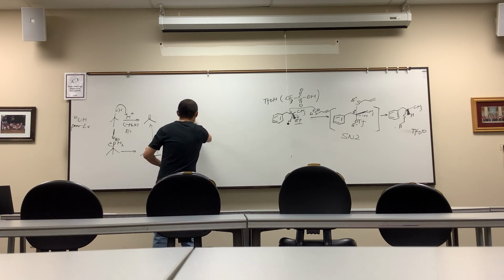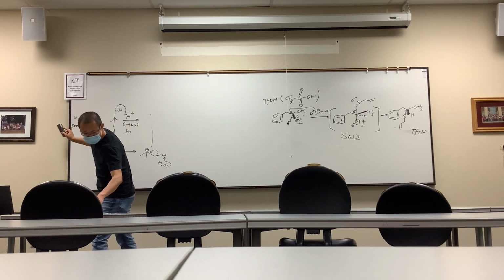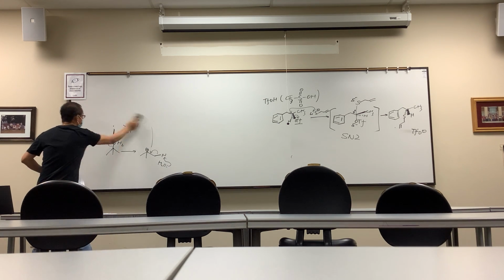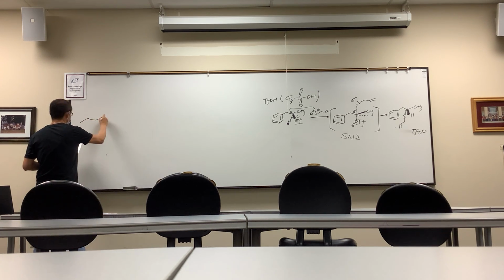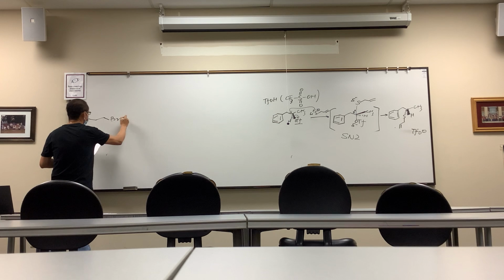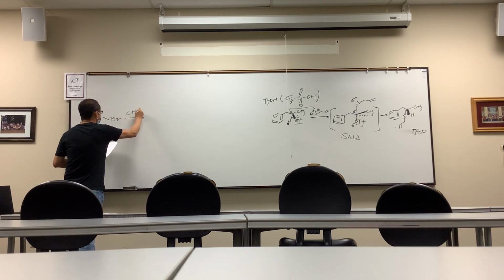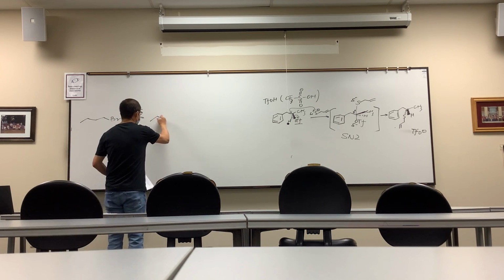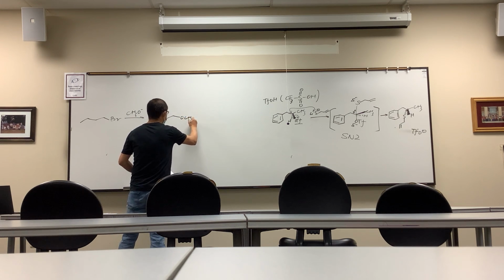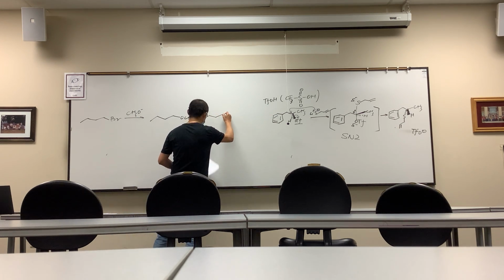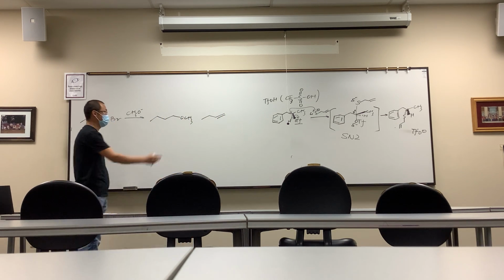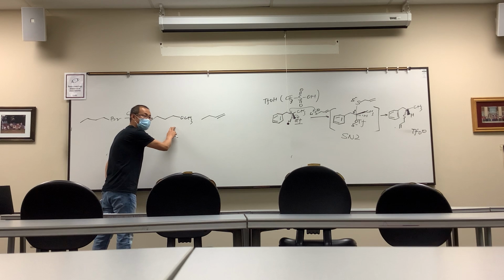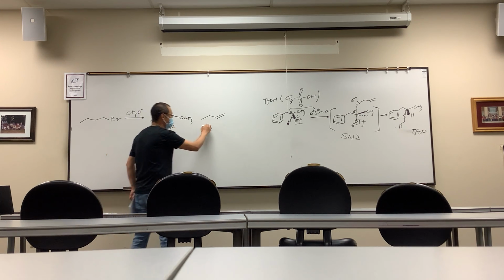So the product here, based on this side, O minus, the product is these two. This is from SN2, and this is from E2.